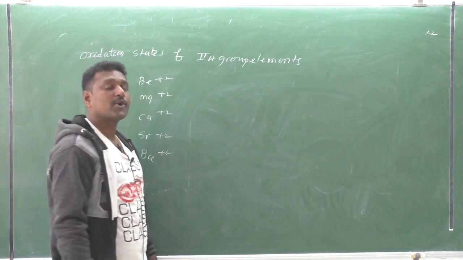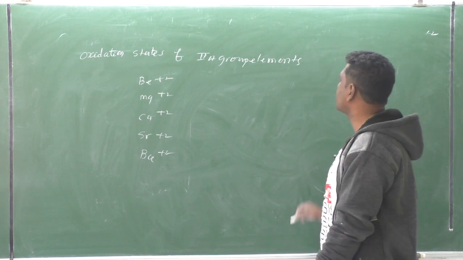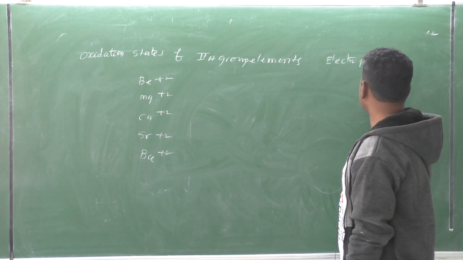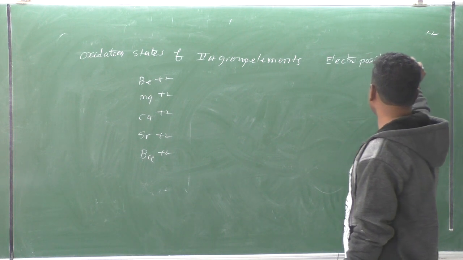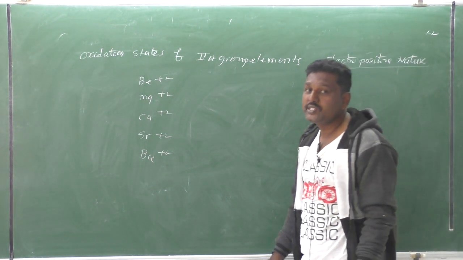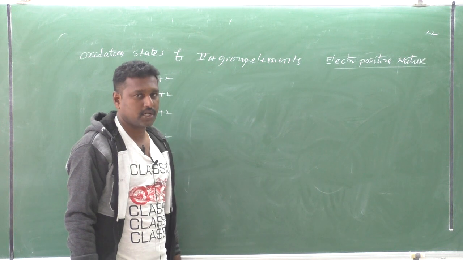Next one, electropositive nature. What is electropositive nature? The tendency to lose electrons is called electropositive nature.